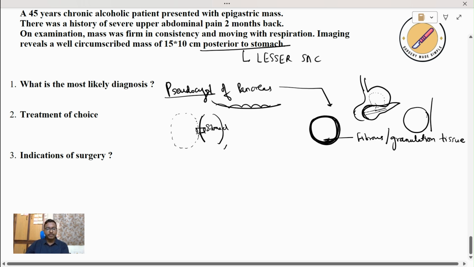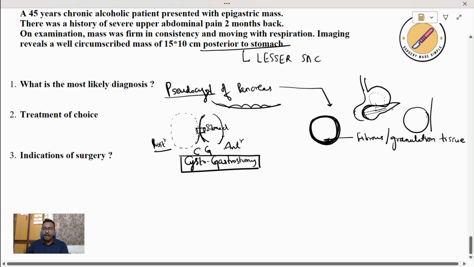So what are we anastomosing? Anterior wall of the cyst is anastomosed to the posterior wall of the stomach. So this is called CG. CG is nothing but cystogastrostomy. Okay, this is the most preferred option.